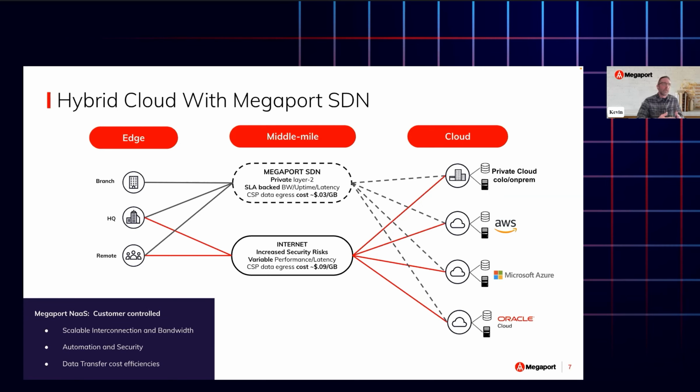changing the game, because it's not necessarily just having the advantages of an SLA-backed network that's going to guarantee bandwidth, uptime, and even latency. But there's also some cost savings when you start looking at what the CSPs call cloud egress fees. There's some significant savings that can be realized depending on your workloads and how data is moving in and out of the clouds. And when you're trying to do this with internet connections, those egress costs are significantly more.